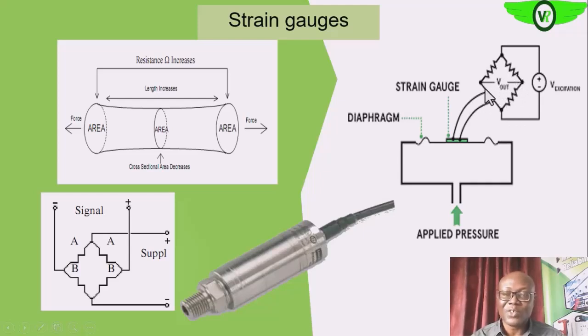Because this resistance has changed or increased, that will cause voltage to flow at this. So the amount of voltage that will flow here depends on the change that we have here. Okay, so you see that the meter reading will be calibrated to give us a direct reading of the pressure that will cause that change.